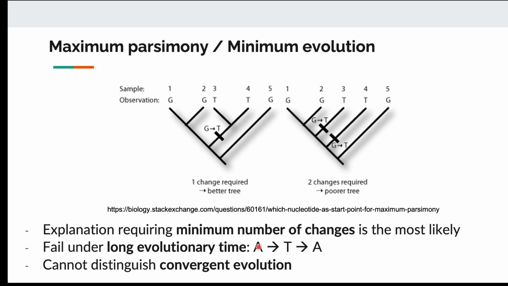Because so much time has passed, an A might have got mutated into a T, and then at a certain point it got mutated back into an A. Because enough time passed, you can have multiple mutations on the same position, which can revert back any changes. So in this case, the assumption that the smallest number of mutations is the right one is no longer true. There is no mutation that we can see, but actually there are two mutations underneath. So this violates the assumption.